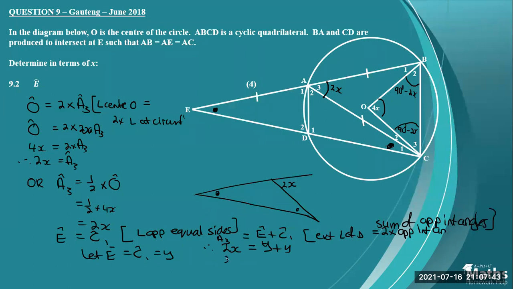Got it. So 2x is equal to 2y, divided by 2, so x is equal to y.